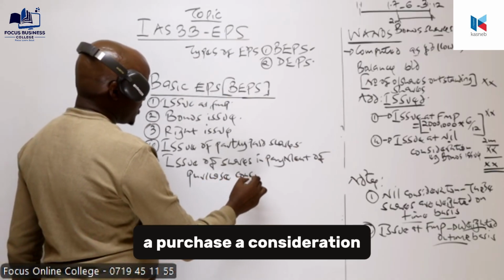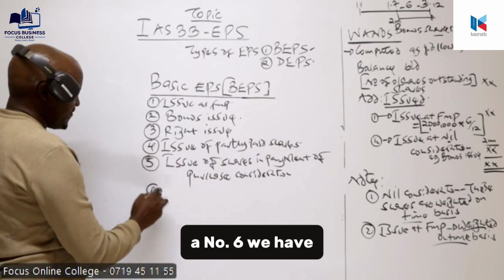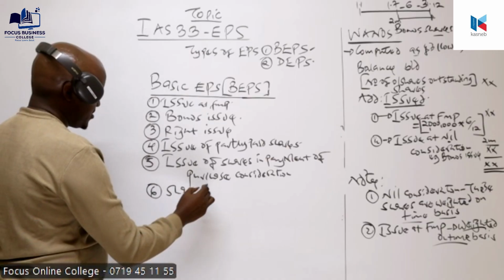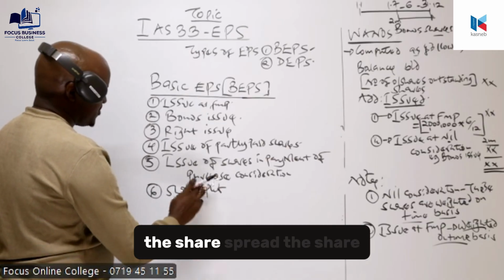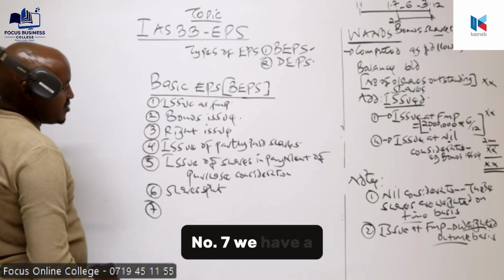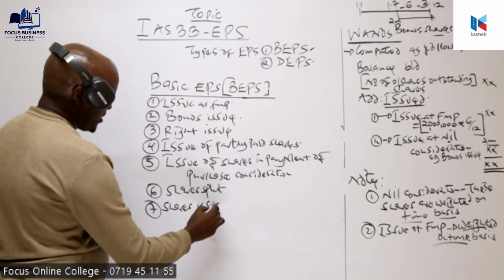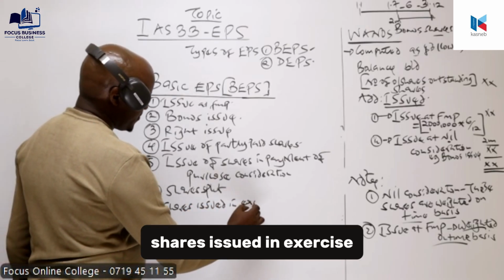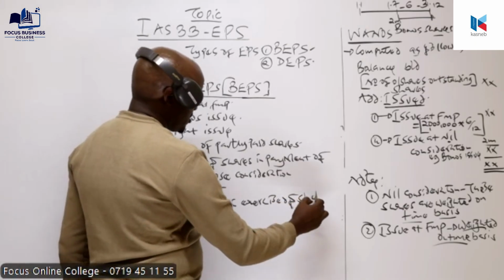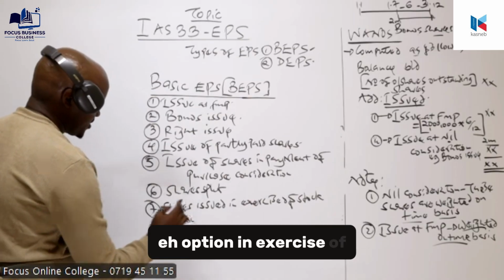And number 6, we have something called the share split. Number 7, we have shares issued in exercise of a stock option.